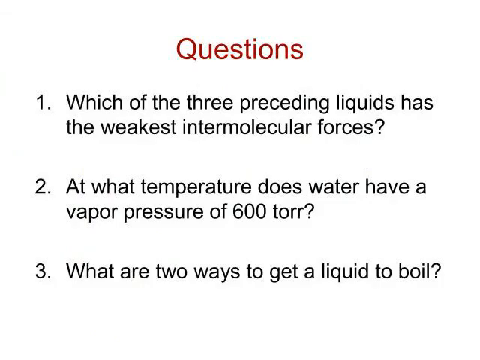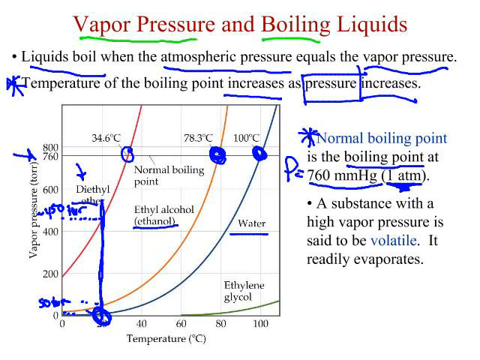Now, if I was going to ask another question, which of these three liquids has the weakest intermolecular forces? If we go back and look at the graph, which of these does have the weakest intermolecular forces? We can answer that by drawing the Lewis structure, but we can also rationalize that just by looking at their boiling points and the vapor pressure that they exert.